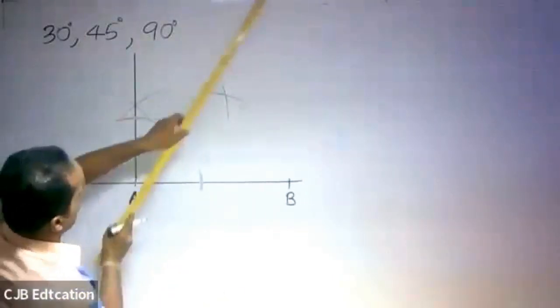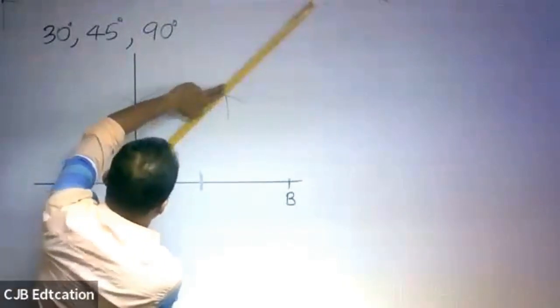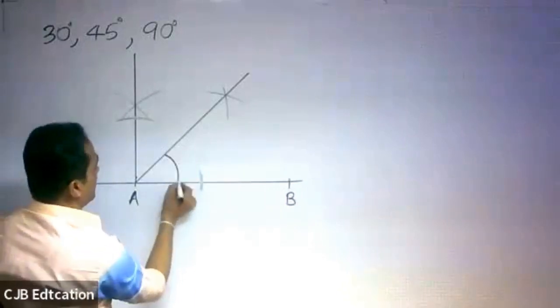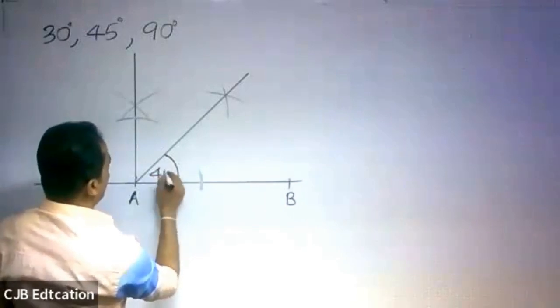See that both 90-degree and 45-degree angles we can construct in this way. Is that clear? Yes, sir. If we construct the 90-degree angle, then if we bisect that 90-degree angle, it becomes 45 degrees angle, right?